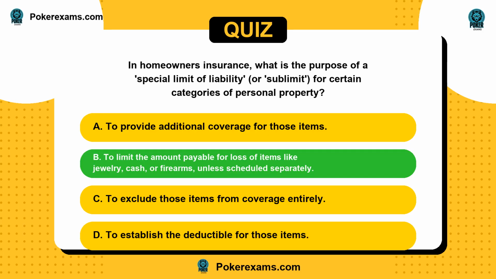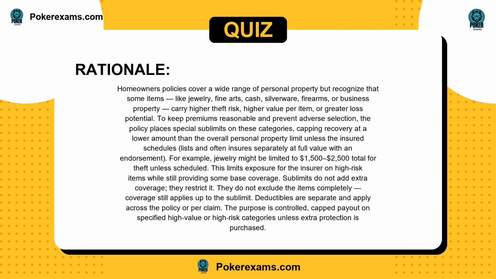The answer is B. Homeowners policies cover a wide range of personal property, but recognize that some items, like jewelry, fine arts, cash, silverware, firearms, or business property, carry higher theft risk, higher value per item, or greater loss potential.